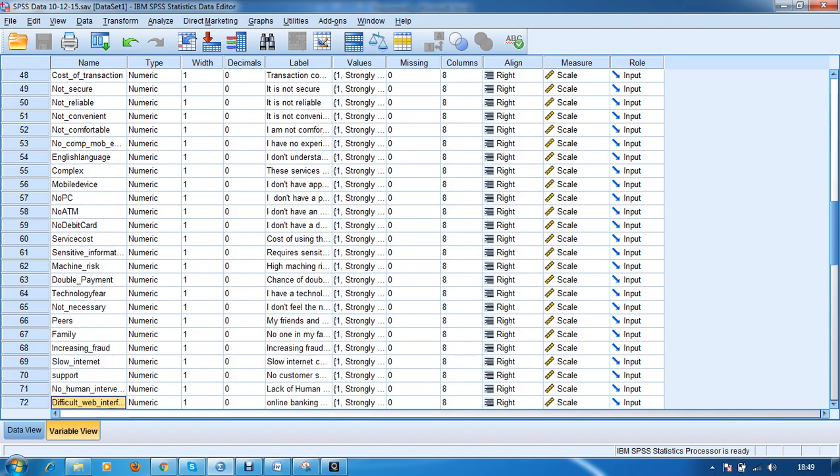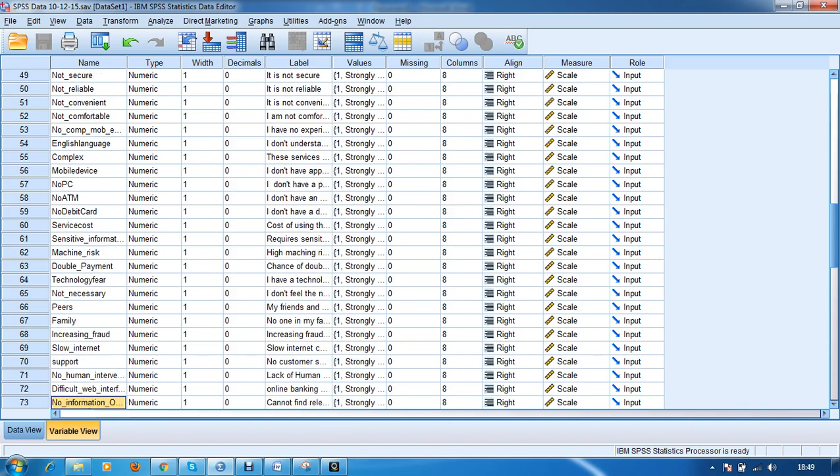And also I have included a factor that while using technological based banking deliverables, there is no human intervention. So my respondents might not feel very comfortable because there is no human intervention.